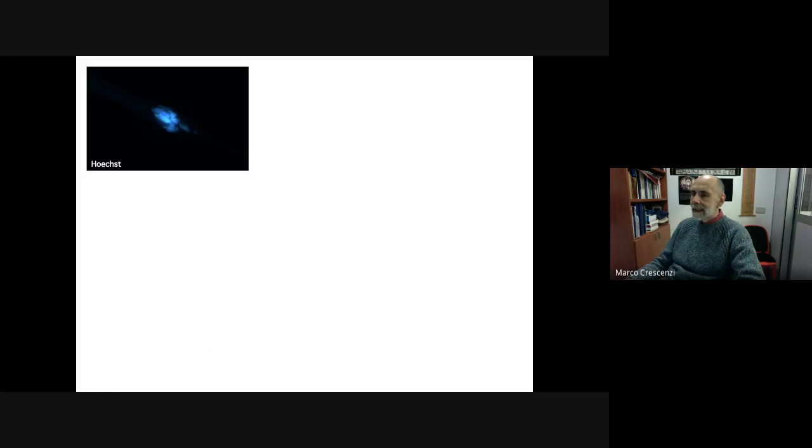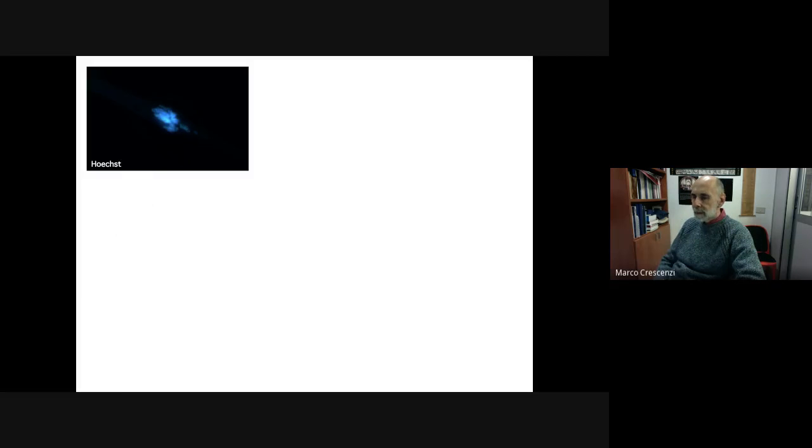This is a DAPI staining of the DNA in a single metaphase nucleus in a myotube. It is ugly because this is a mitotic catastrophe, but I think you can see the metaphase plate here and the chromosomes forming spokes radiating from the center of this metaphase plate.